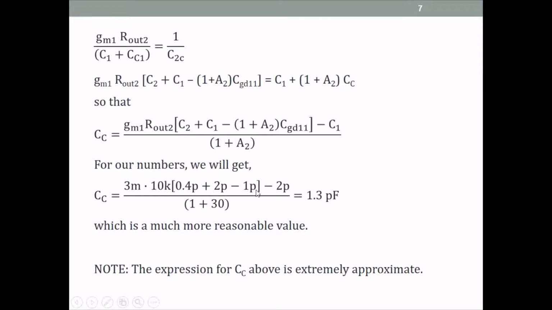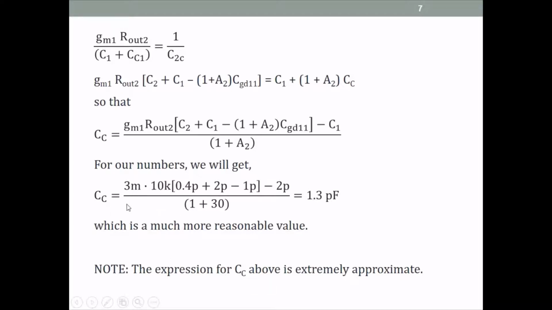By the way, I have put this 1 pico here as the value for (1 plus A2) into CGD11, which I had not mentioned before, but that is okay. This is just an approximate calculation. So I make that comment here.